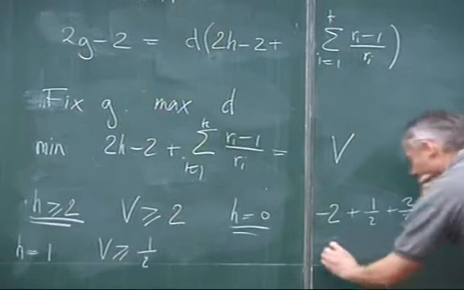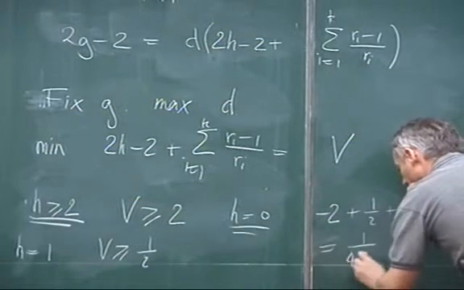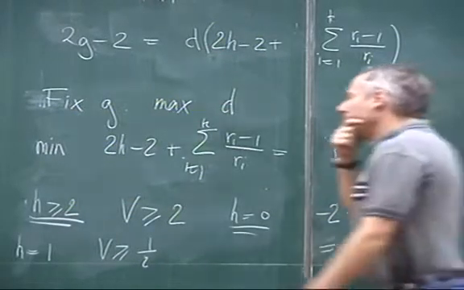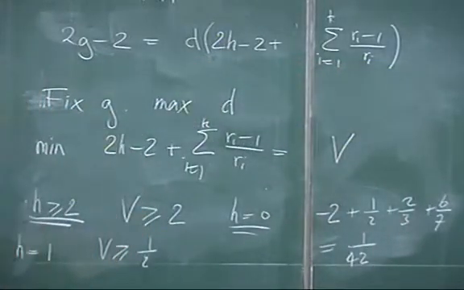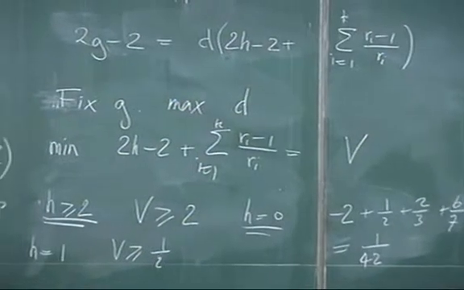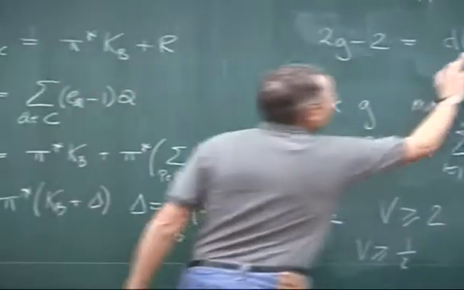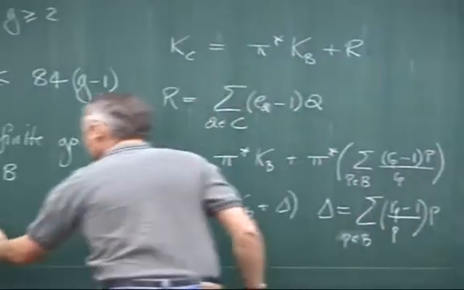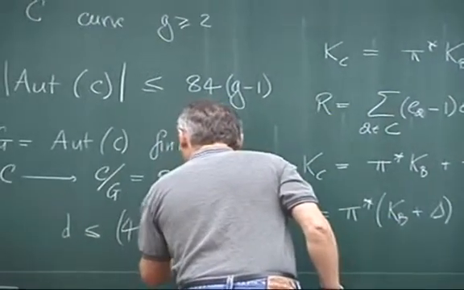And then of course this is 1 over 42, and then you just plug that back in, and you get exactly what you want. You get that the degree is no more than 42 times 2g minus 2.